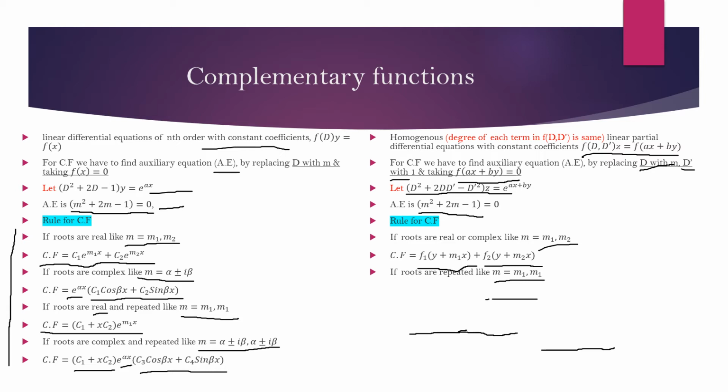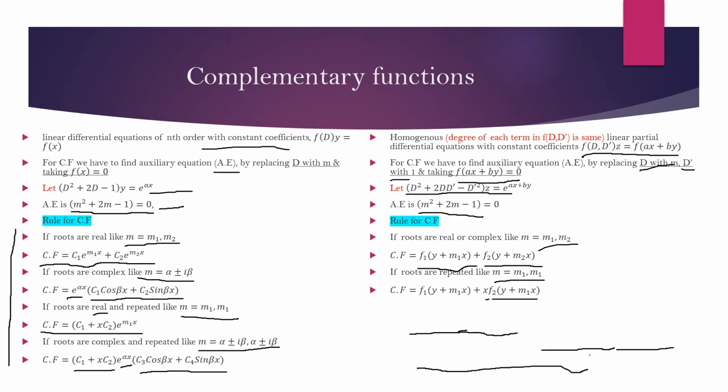Then we have to find the values of m and a, and the CF rule will be e to the power ax into f1(y plus m1x). Suppose there is a differential equation in this form, with two factors in multiplication, (D minus m1D dash minus a)(D minus m2D dash minus b) z equals 0.